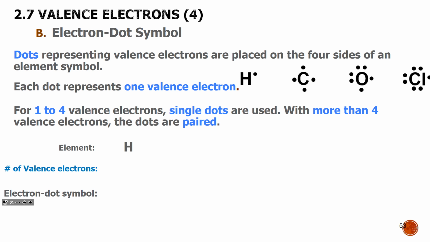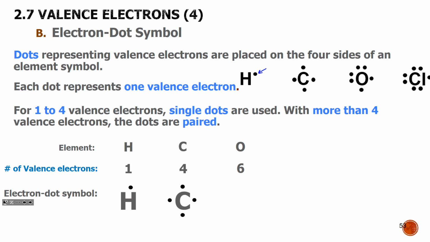So hydrogen has 1 valence shell electron. It should have 1 dot. We usually start at the top. This one up here did it to the side, but we usually start on the top. Sometimes they put it on the side when they're doing formatting in textbooks. So carbon has 4, so we start at the top and we put 1, 2, 3, 4 dots.